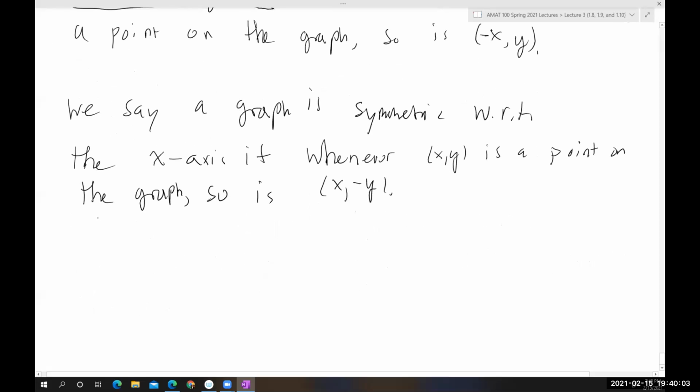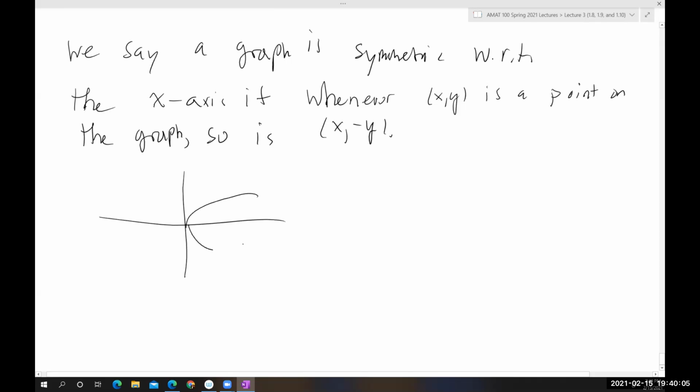This type of symmetry can be represented like this. This is a sideways parabola. This will be symmetry about the x-axis.